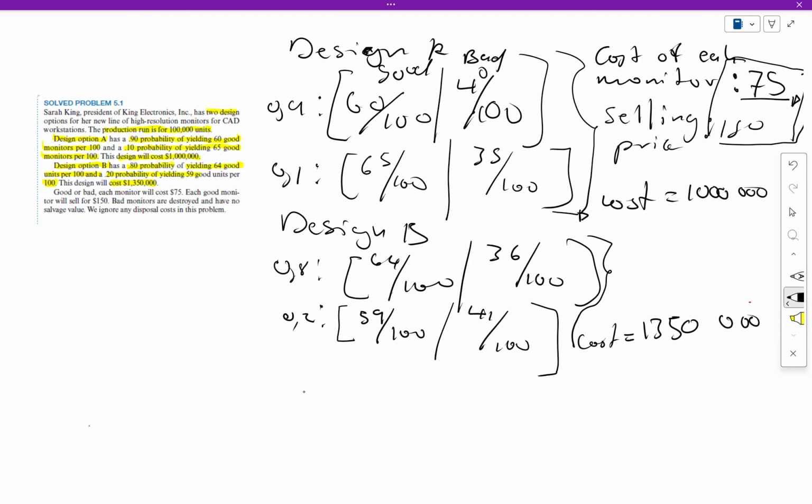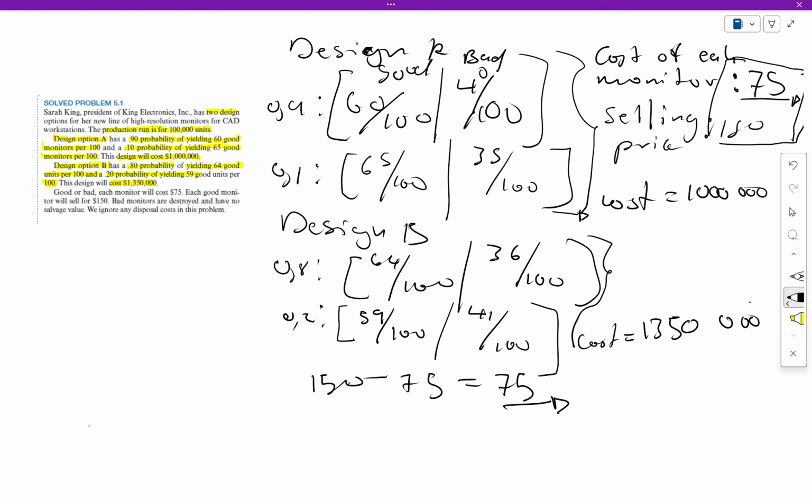So now, what is your profit per screen? It's 150 minus 75. So 75, which is the cost, 150 minus 75, removing the cost from the selling price, we are left with 75.